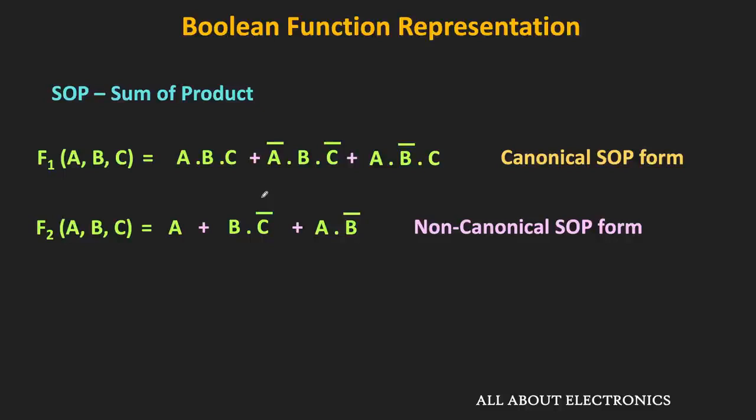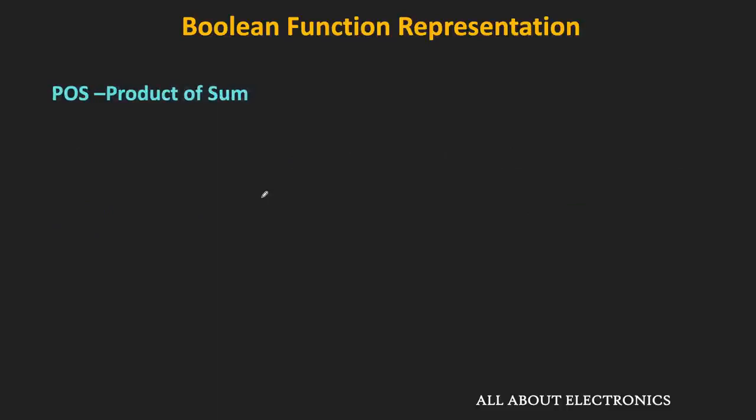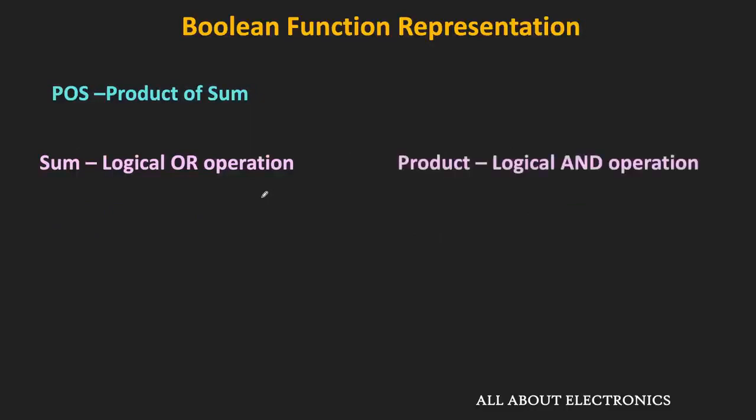Similarly, now let us see the second type of representation, which is known as the product of sum. As I mentioned earlier, this sum refers to the logical OR operation, while this product refers to the logical AND operation. In this POS form of representation, the sum term is the logical OR operation of the different variables, where each variable could be in the true form or in the complemented form.